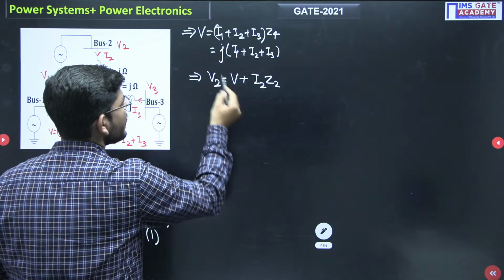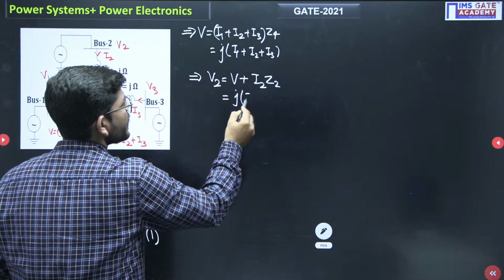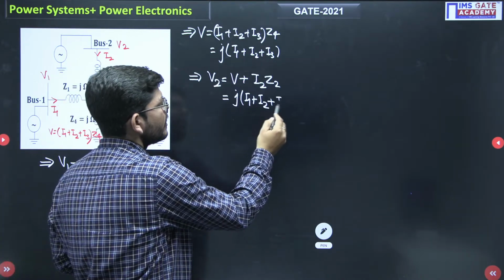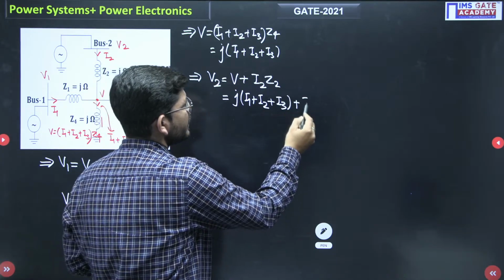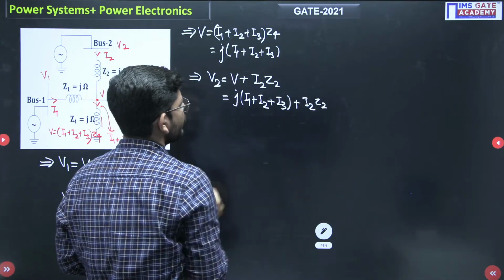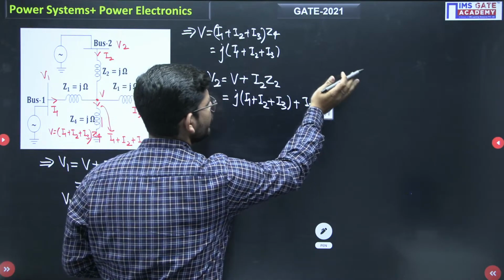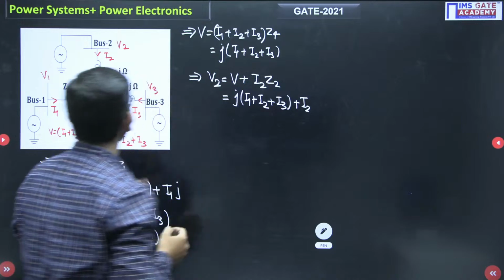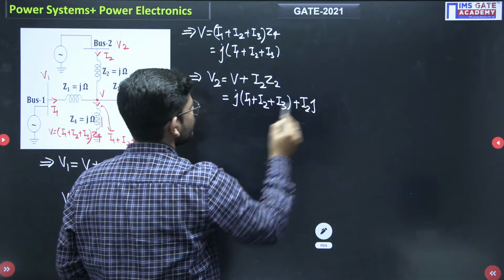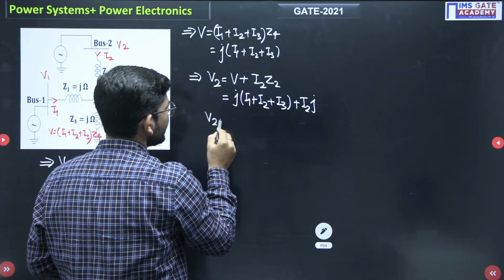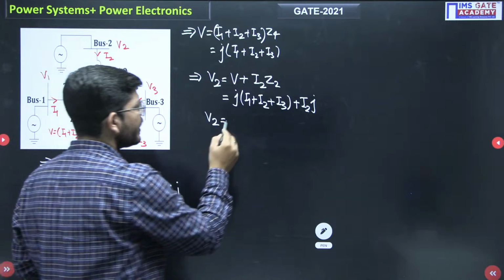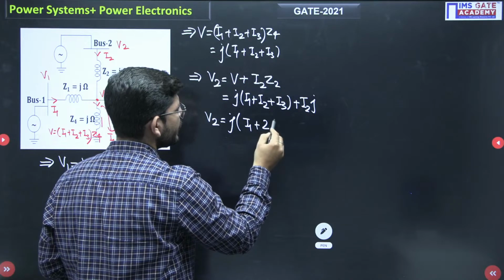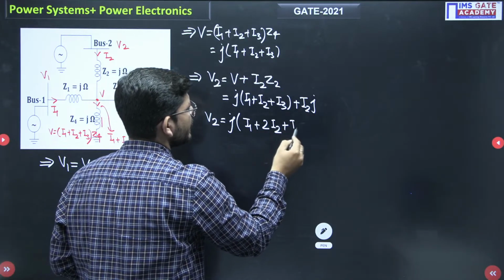Again, you put the value of V, which is J times I1 plus I2 plus I3, plus I2 into Z2, and Z2 is J. So now V2 equals, taking J common, J times I1 plus 2I2 plus I3.